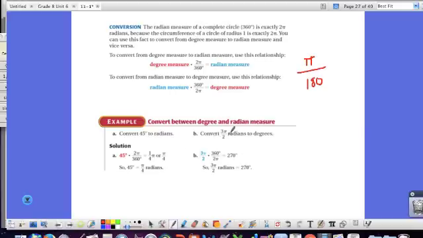And to convert radians, so 3 pi over 2, we're going to multiply by 360 over 2 pi. So when we multiply across, these are going to cross simplify here. This can actually reduce to 180 over 2. 360, so that's 180.